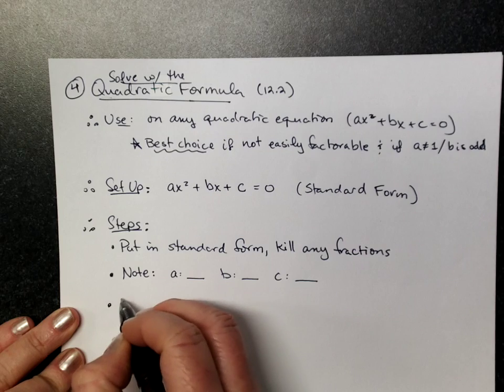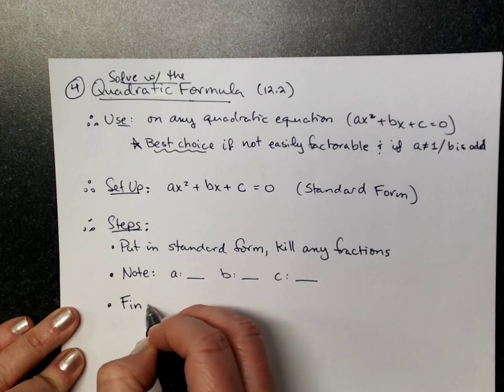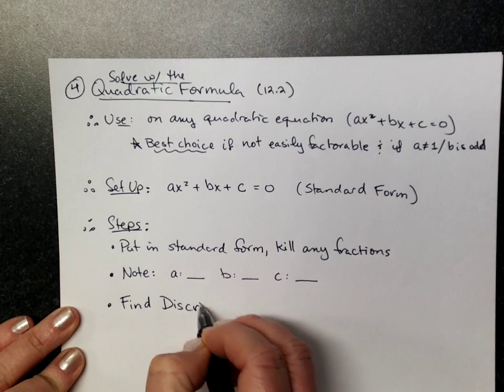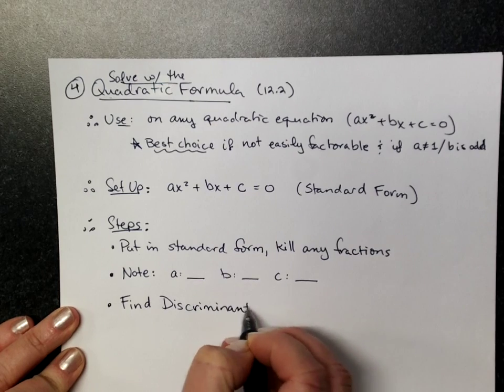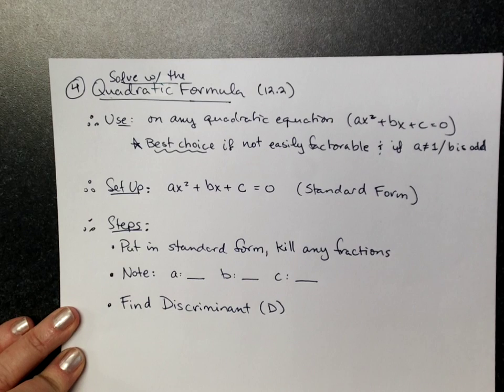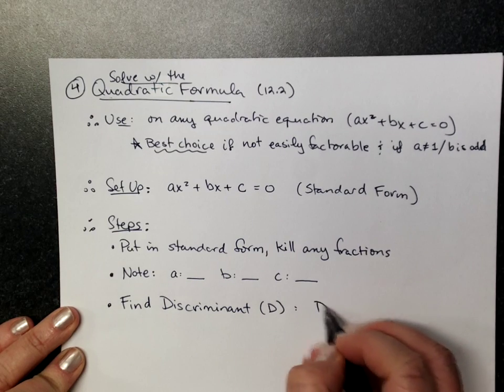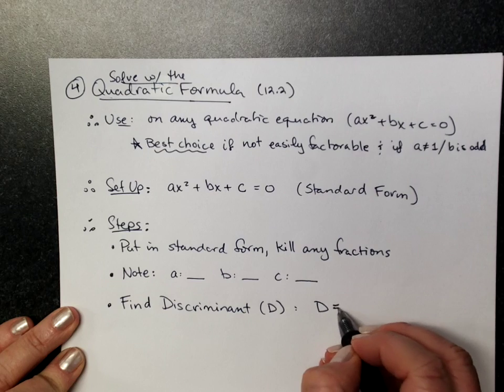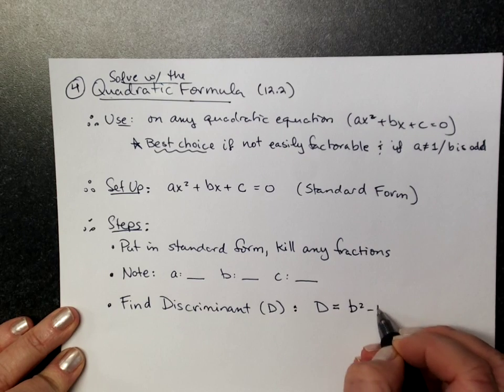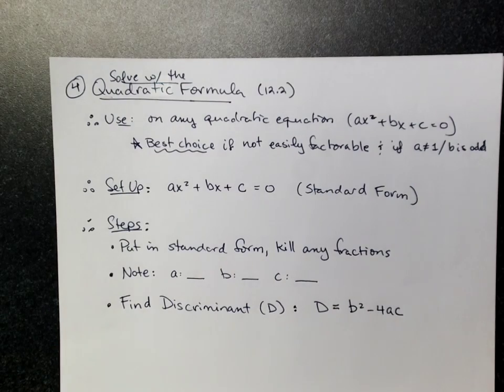Okay. Next, you note your a, b, and c, and then you find your discriminant, which is D. D is equal to b squared minus 4ac. Remember, it doesn't include the radical, it is the radicand.